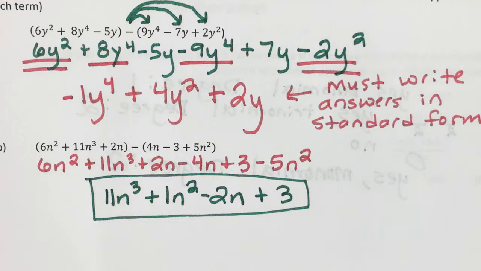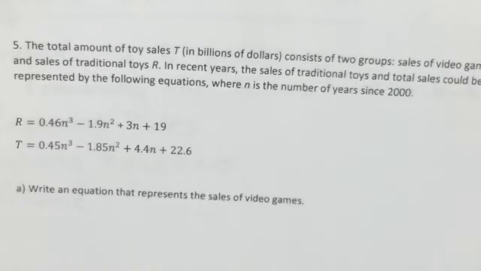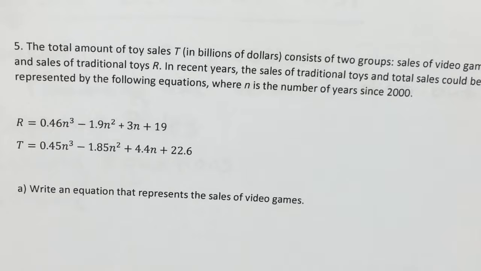Okay, once you're finished with that one, go ahead and turn to the next page, and we have one word problem we're going to look at. The big thing I want you to pay attention to as we read this is what the variables stand for, because there are, I think, 4 different variables in here.